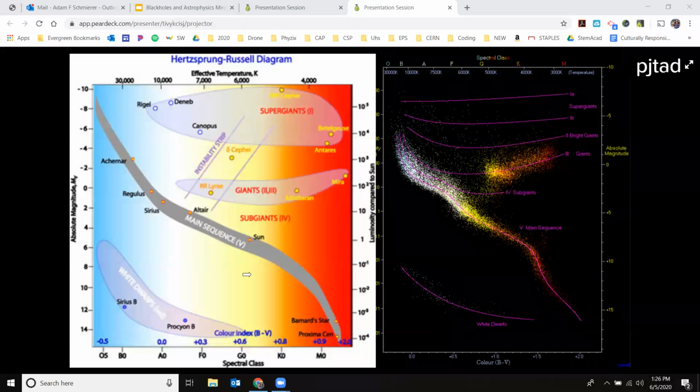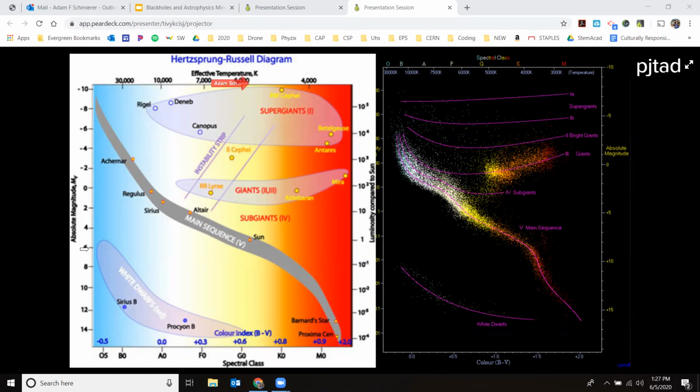There's our sun. We refer to this as the main sequence. This is really where we notice that stars live. As stars age and as they go through their life cycle, they follow the main sequence. So our sun happens at its temperature, and we refer to it as basically normal. That's our sun.